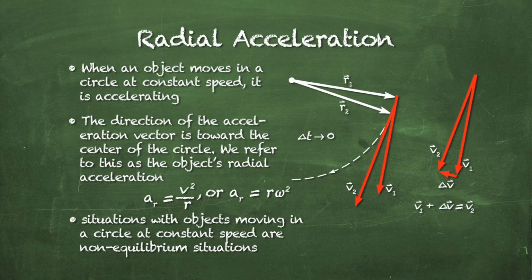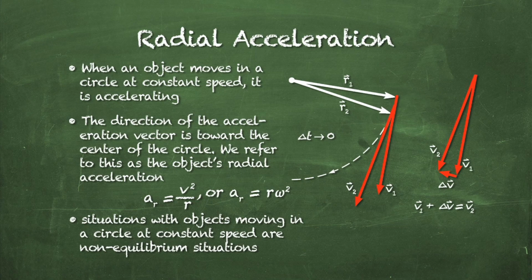So once again, the radial acceleration we can calculate using calculus to be equal to the velocity squared divided by the radius, or if we were to substitute in our relationship between v and omega, we can also write that as radial acceleration is equal to radius times omega squared, our angular velocity.